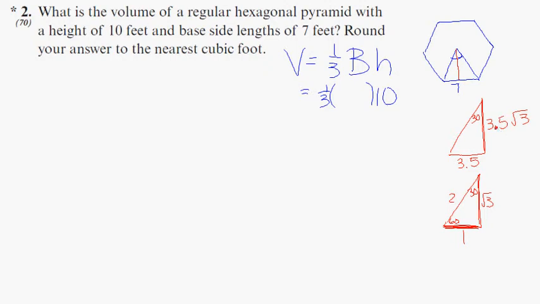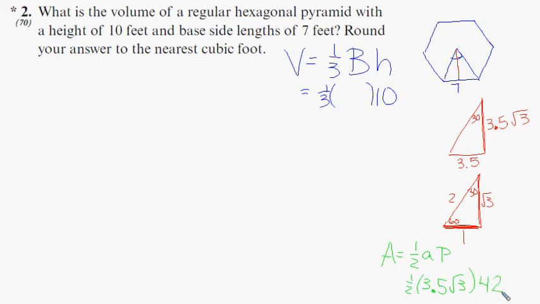So we're going to need to use the area formula. Remember that the area formula for a regular hexagon is 1/2 lowercase a times the perimeter. So the apothem, as you now know, is 3.5 times the square root of 3. And the perimeter is going to be 7 times 6, which is 42.